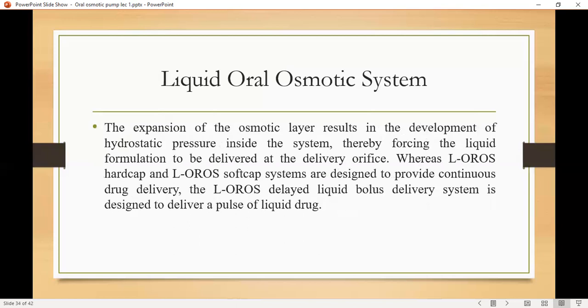The expansion of the osmotic layer results in the development of hydrostatic pressure inside the system, thereby forcing the liquid formulation to be delivered at the delivery orifice. Whereas the liquid oral reservoir osmotic system, hard cap and soft cap systems are designed to provide continuous drug delivery. The delayed liquid bolus delivery system is designed to deliver a pulse of liquid drug.